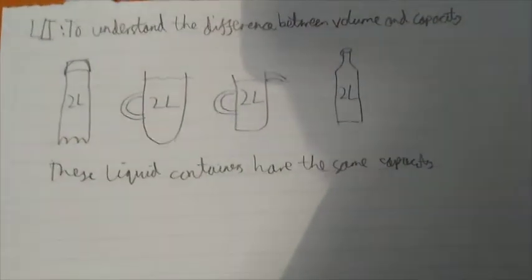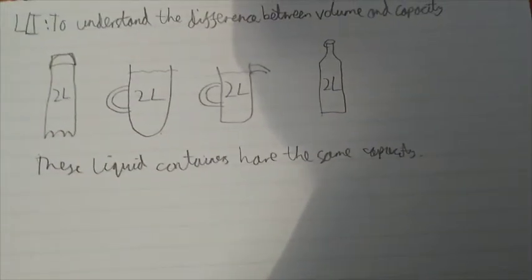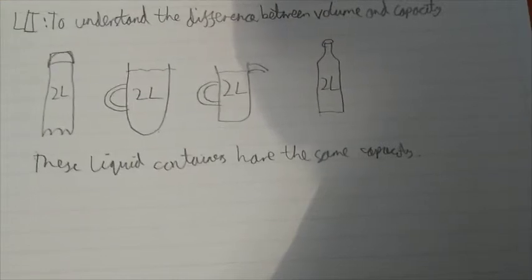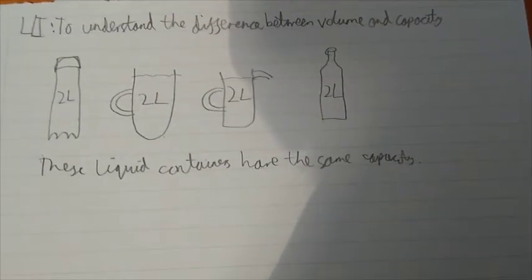So all these liquids have the same capacity, meaning they have the same space in them for 2 litres of liquid. So I hope that cleared up a few questions that you may have about the meaning of capacity. Next, we're going to tackle volume.